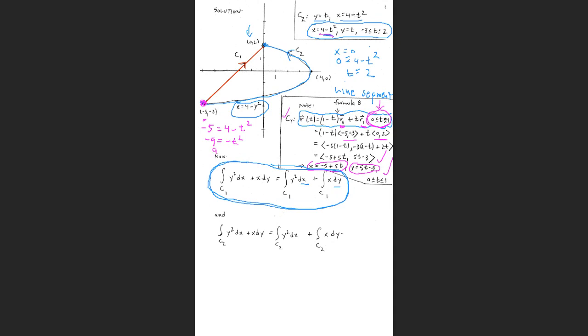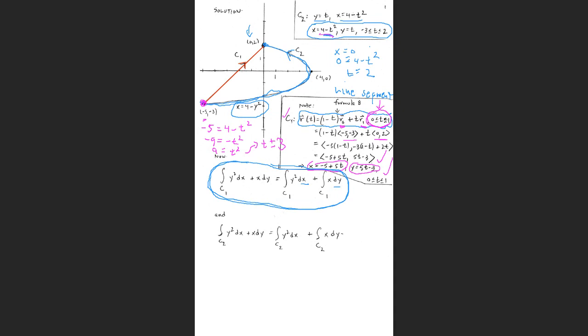So 9 is t squared, and t could be plus or minus 3, but as you move along this C2 curve, t is increasing.